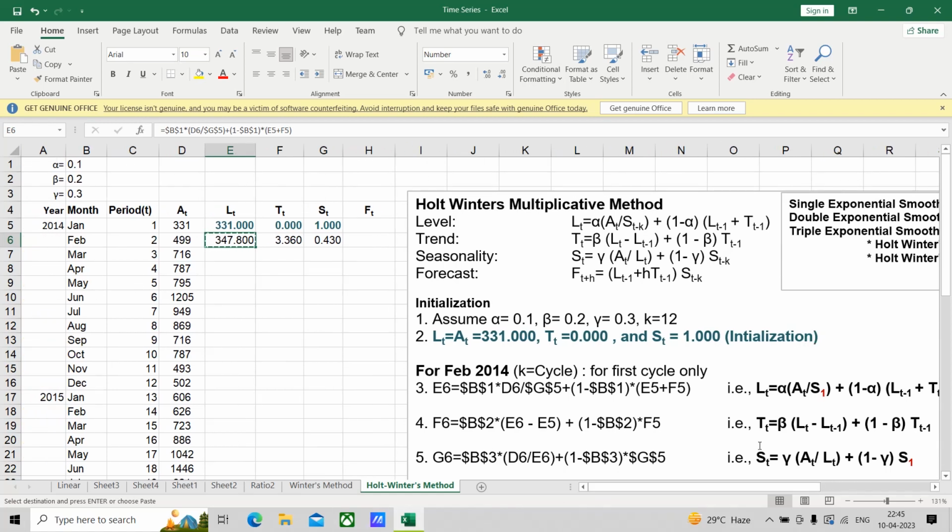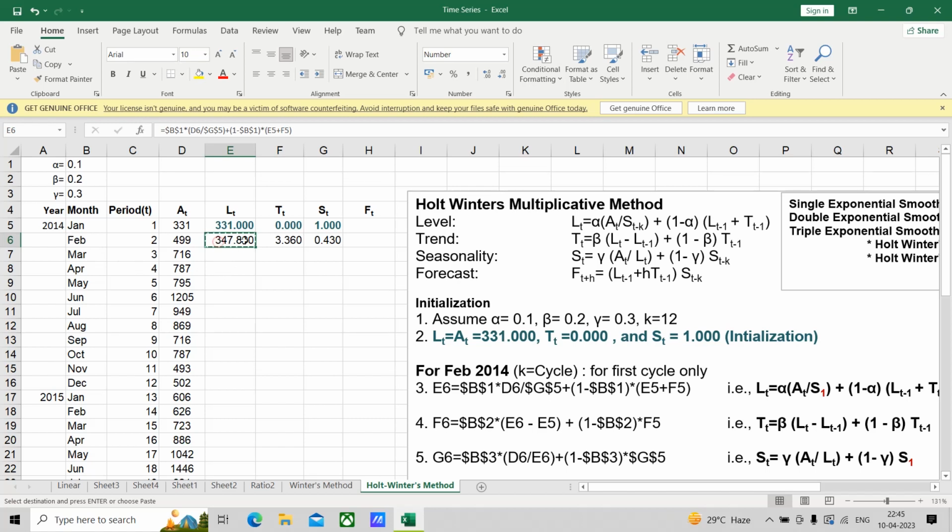For the first cycle, we will use these three formulas to find the Lt, Tt and St. So this formula will be copied into March to December 2014, and again this formula will be copied into March to December for 2014, and this formula is again copied into March to December.